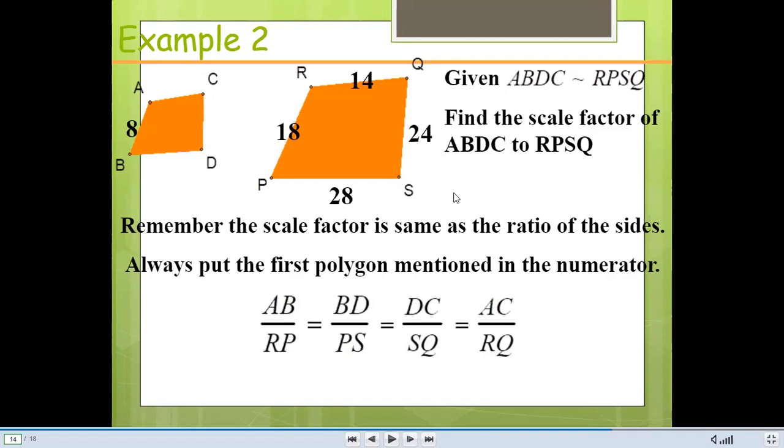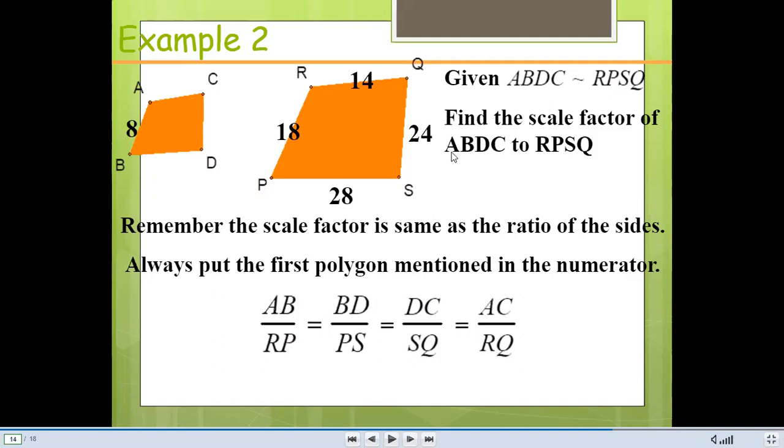Ritesh, could you please tell me again the two corresponding sides, how we are going to write each two corresponding sides? We will make AB over RP. Yes, and then? BD over PS. Yes, and then?